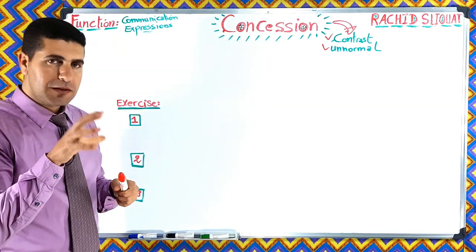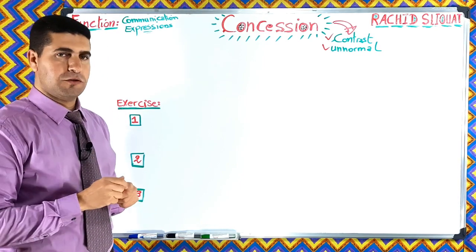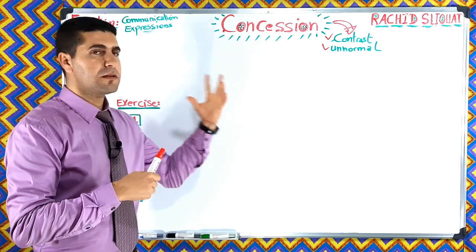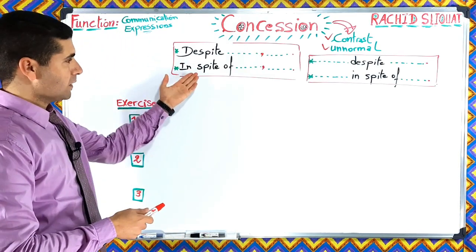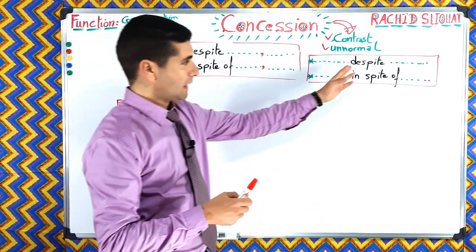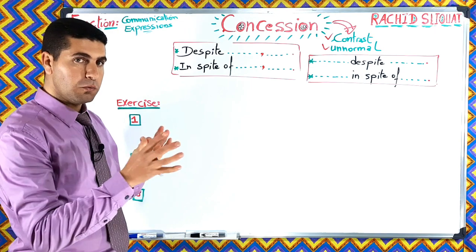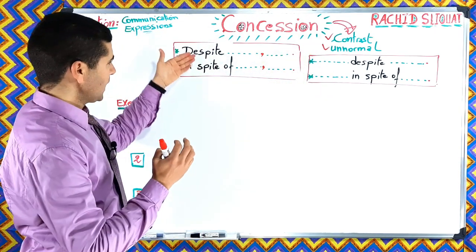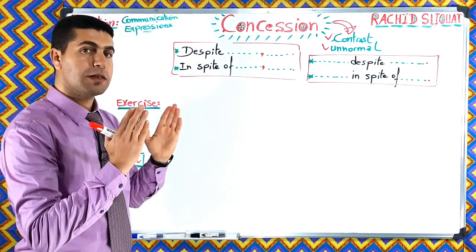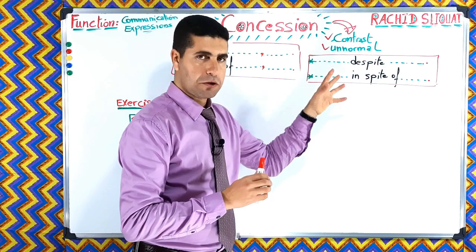So in this episode, we are going to take two expressions that we can use for such situations. These are despite and in spite of. Very simply, the only difference between this pattern and this pattern is that here we have despite and in spite of in the beginning of the sentence, but here we have them in the middle of the sentence.